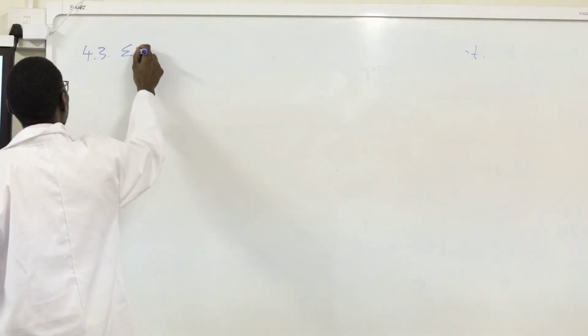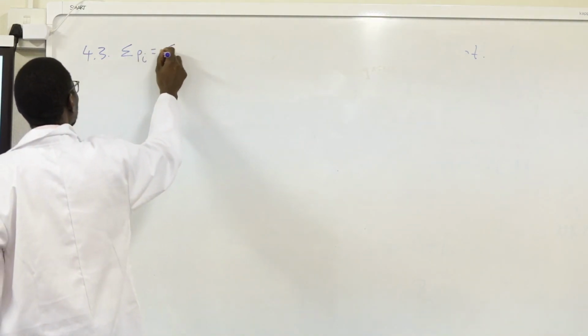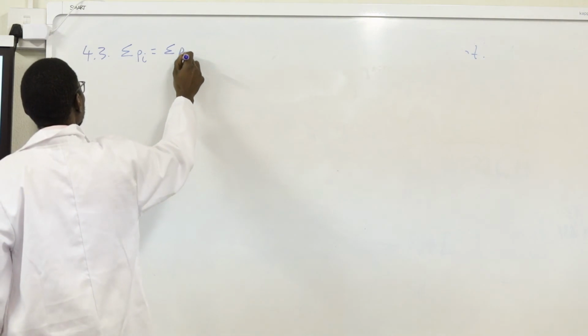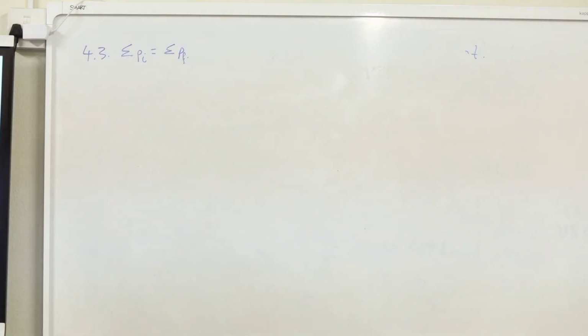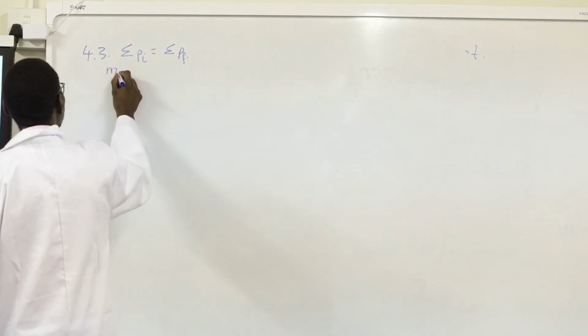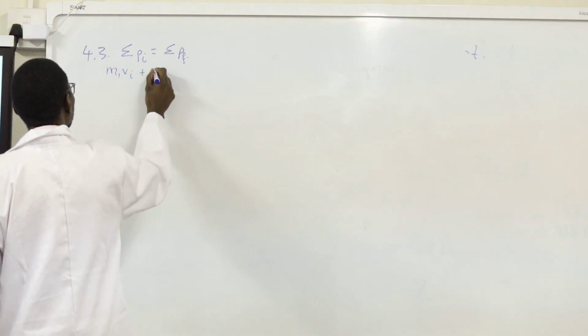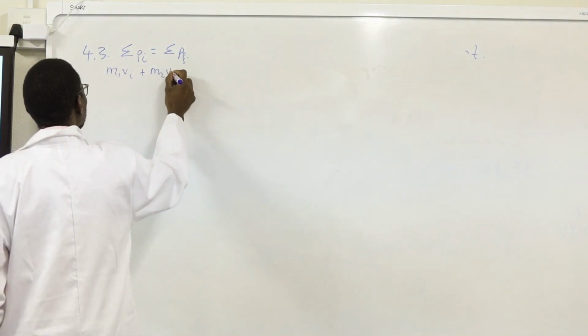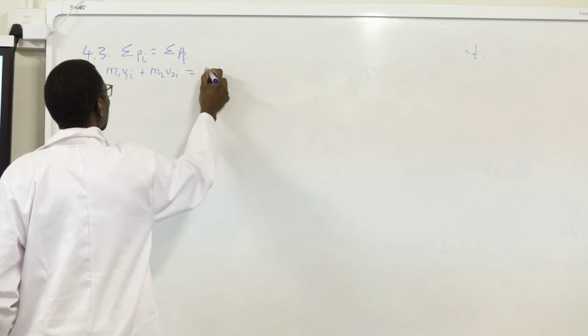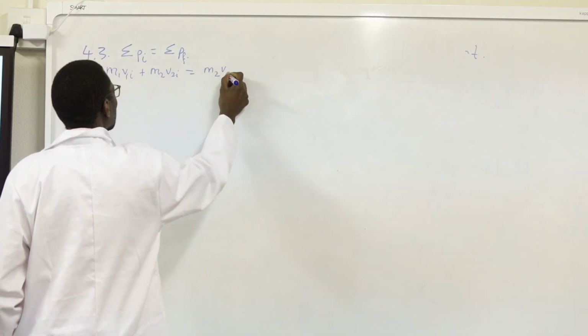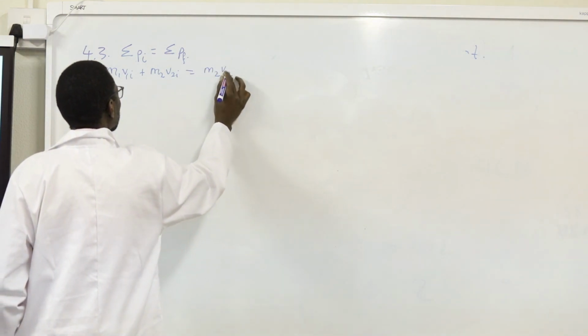Where momentum before is equal to momentum after. What is really happening here is that mass 1 times velocity 1 plus mass 2 times velocity 2 initial is equal to mass 2 times velocity 2 final.